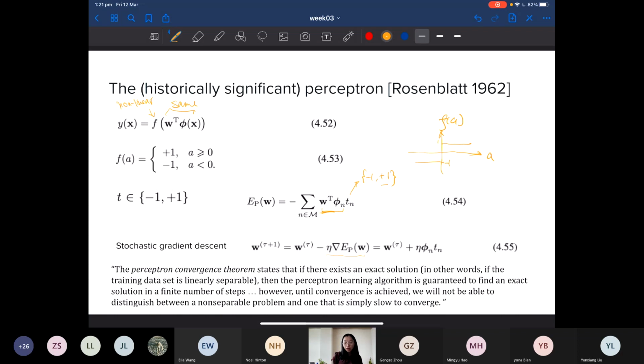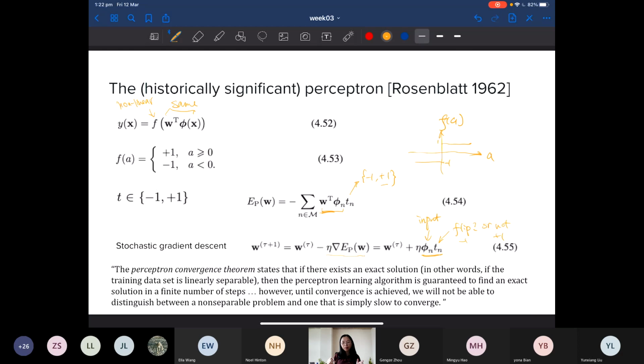Turns out if we just stare at 4.54, we can see that the gradient of W is nothing but phi n times t, meaning this is the input, and we flip the input vector if Tn is minus 1, and we don't flip the input vector if Tn is plus 1, right? Of course, we only take the gradient step when this particular data point is misclassified.